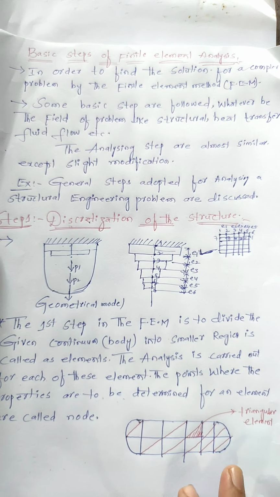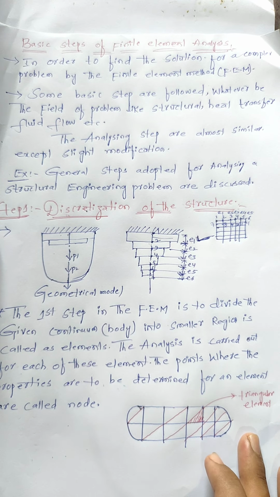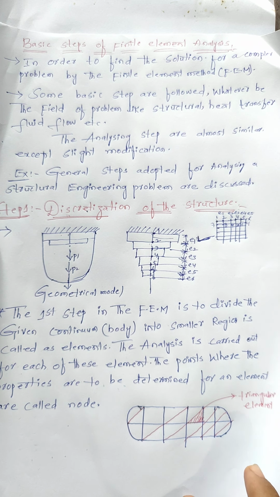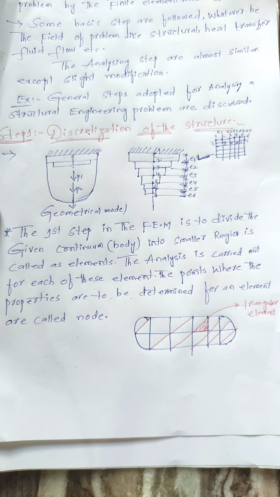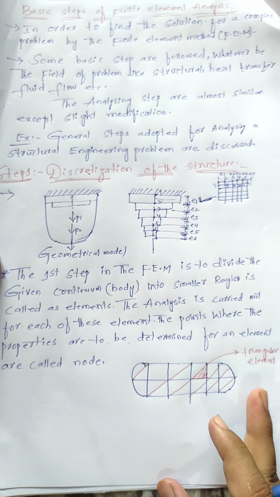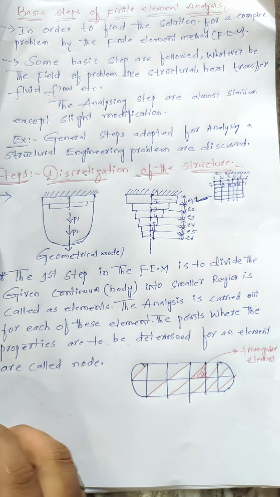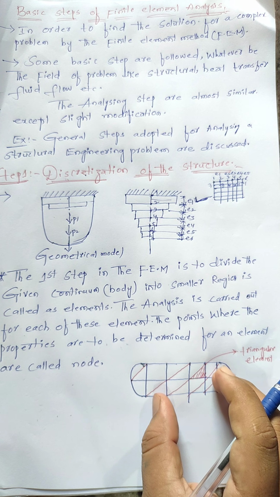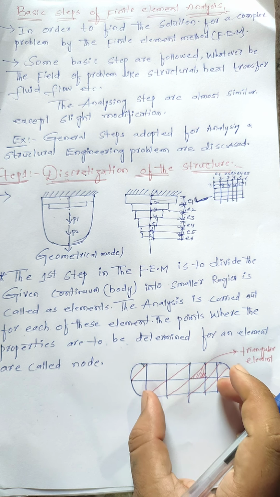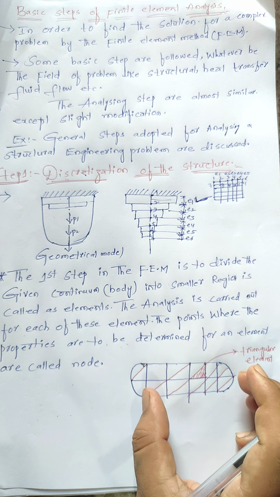So take this snapshot here. Okay, I will write here. So as shown in the figure, this is a discretization of a structure member.